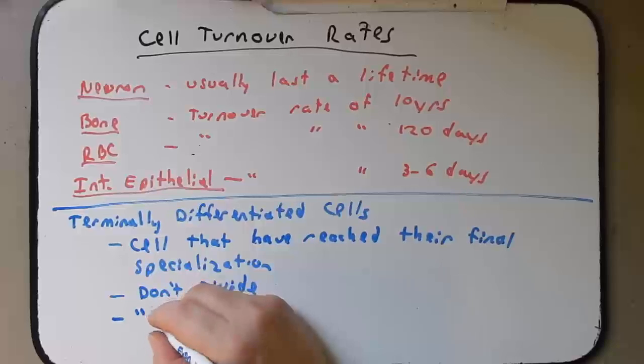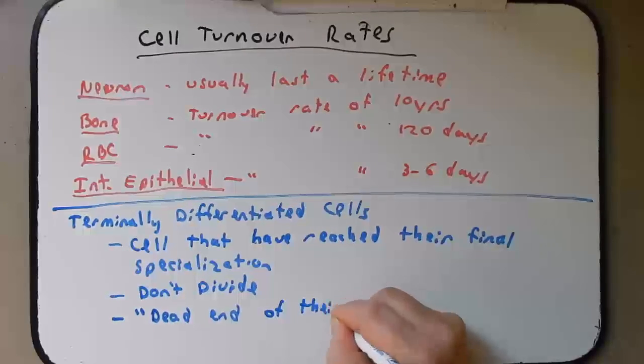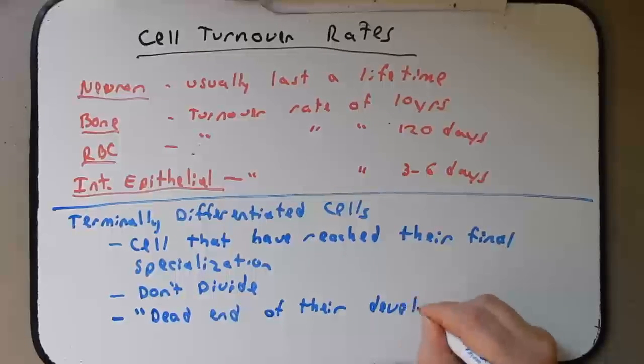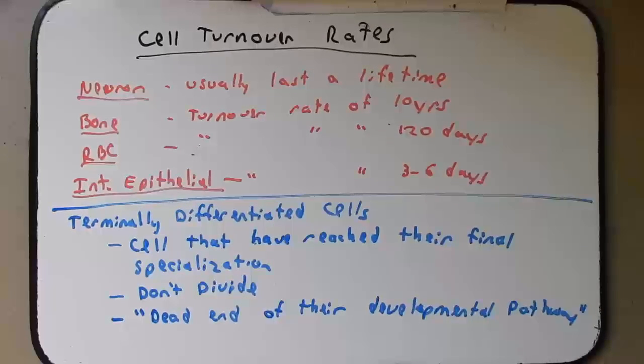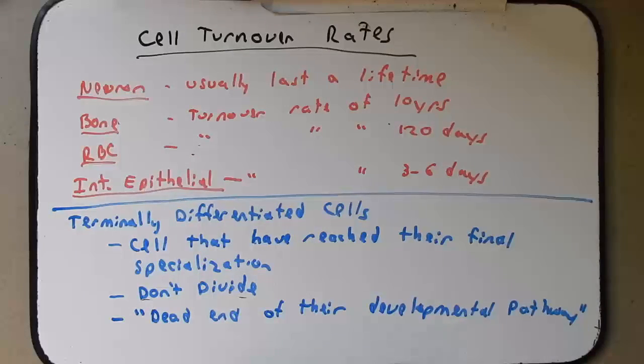They say they have reached their dead end of their developmental pathway. They're not going to specialize anymore. They are what they are until they die. So once these terminally differentiated cells have reached their end and they go through apoptosis, how do we replace them? How do we replace a bone cell once it's been lost, a red blood cell once it's been lost, an intestinal epithelial cell once it's been lost? So let's talk about that next.